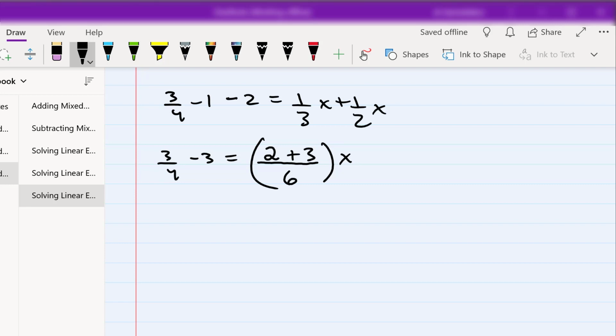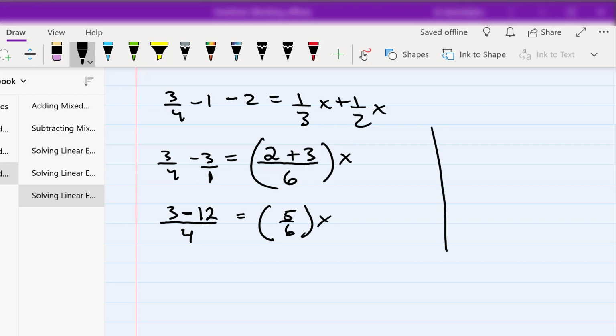Then on the left-hand side, continuing, we can get a common denominator here of 4. So the first term will be 3 minus, now we have 3 over 1. To get that into a common denominator of 4, we multiply the top by 4. So 3 times 4 is 12, equals 3 plus 2 is 5 over 6 x.